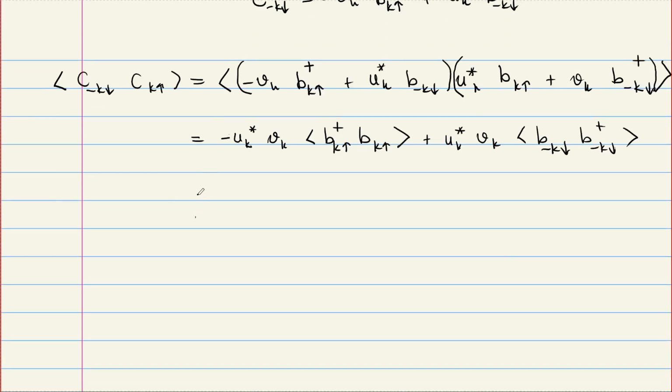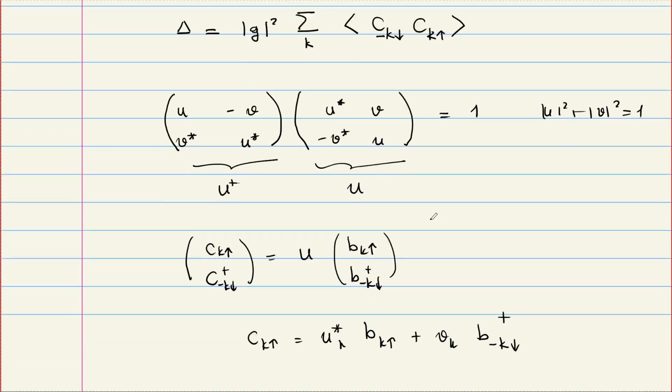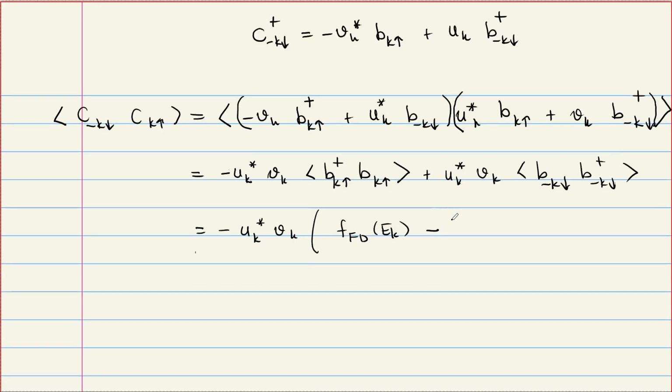And now we can use what we just found. So this is minus u k star v k, times the Fermi-Dirac function of epsilon of k, and this one is minus, so I think what we found was 1 minus the Fermi-Dirac. If I push the 1 inside, this is u k star v k times 1 minus 2 f_FD of epsilon of k.